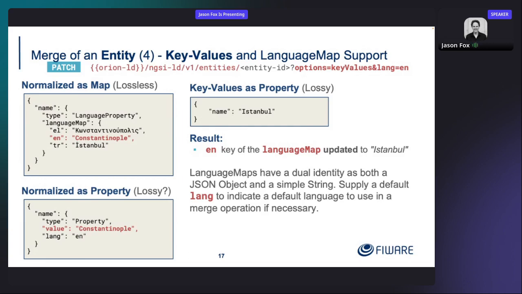So similarly, when you're updating and you've got these parameter decorations on the URL, it will do the reverse. It says, okay, if I put name equals Istanbul and I've put lang equals EN and I've put options key values, then what that means is I wish to update just the English language version of that particular attribute. This means that there is some limited key values support in the API as a whole.